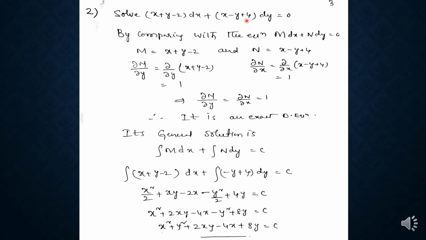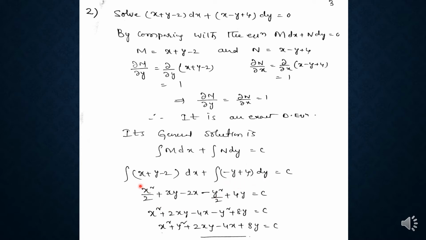That means we should not take x terms from N. So we should eliminate the x terms in N and take the remaining terms. So here x - y + 4 is there. We should not take x, but the remaining terms are -y + 4. So integral of (-y + 4) dy is equal to c.